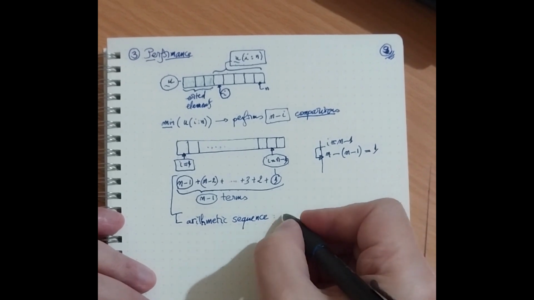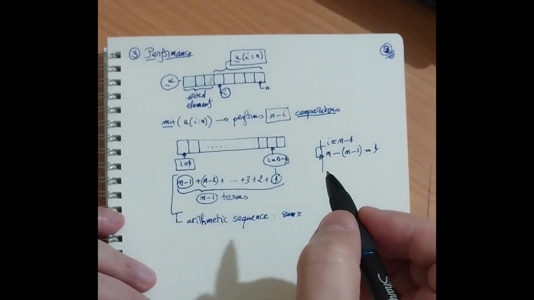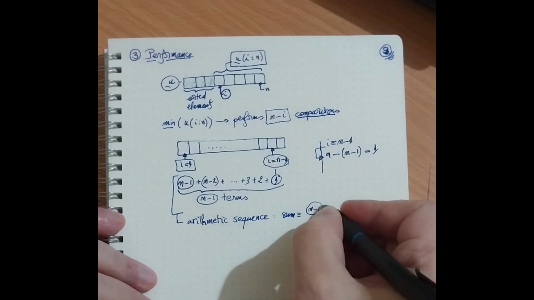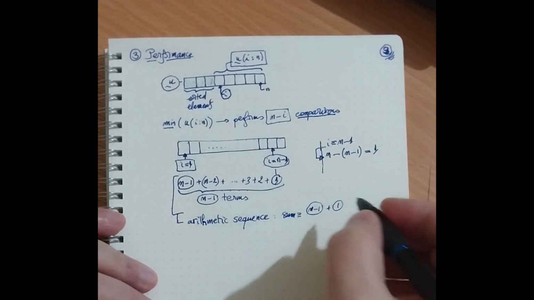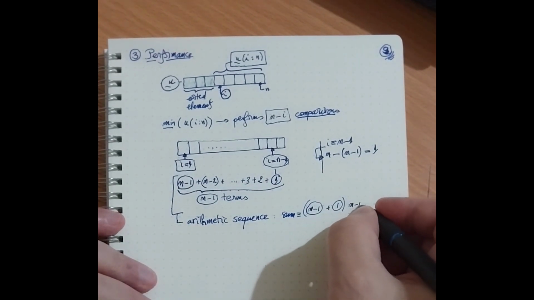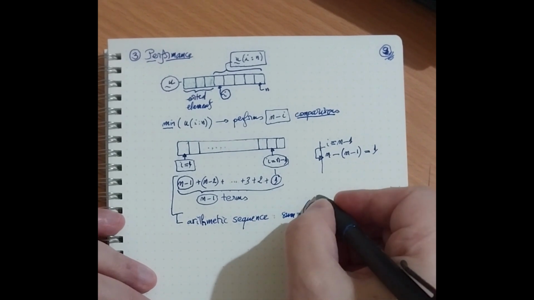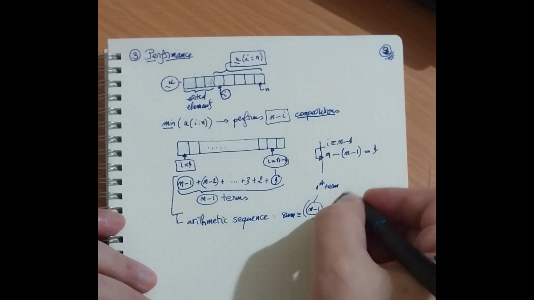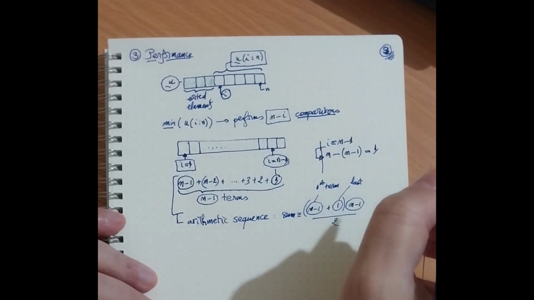We know from calculus that the sum of an arithmetic sequence equals the first term, n minus 1, plus the last term, 1, times the number of terms, n minus 1, divided by 2. This is the first term, and this is the last term.